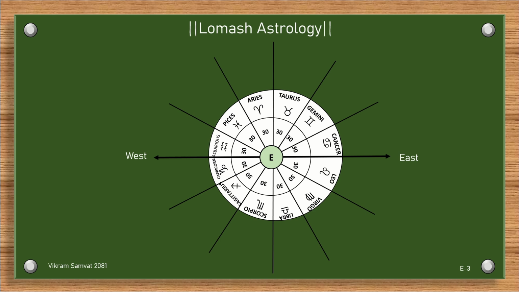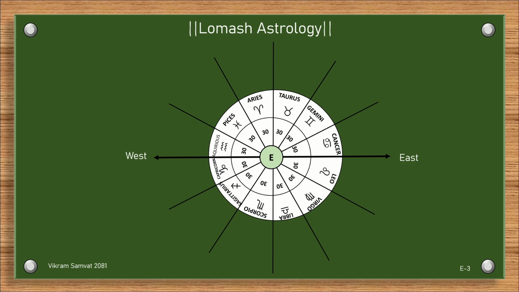It is not necessarily at 30 degrees or 15 degrees. It may vary. So for example, if at the time of a person's birth, Leo has passed 10 degrees.